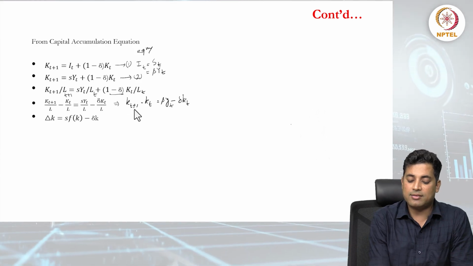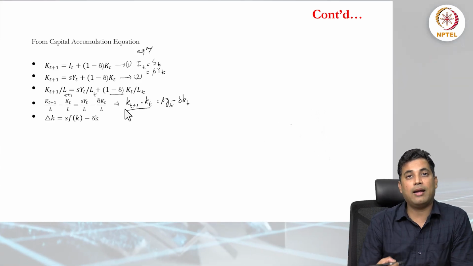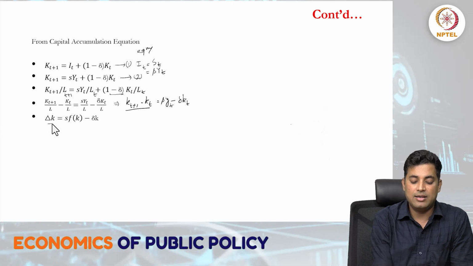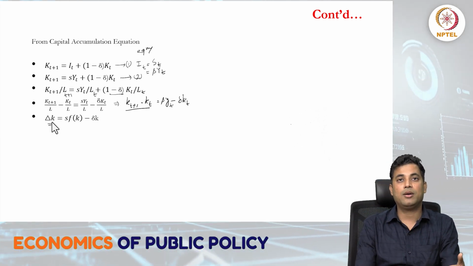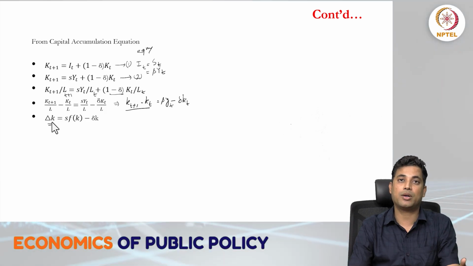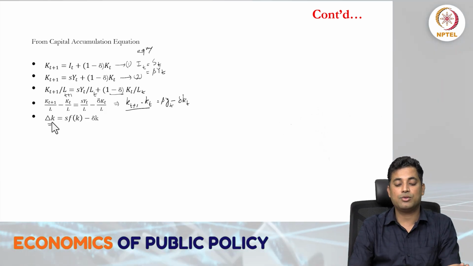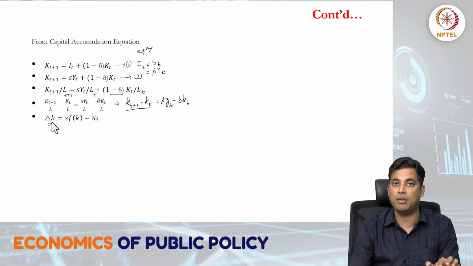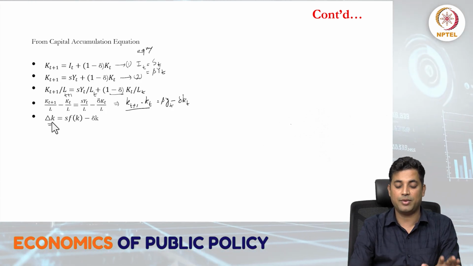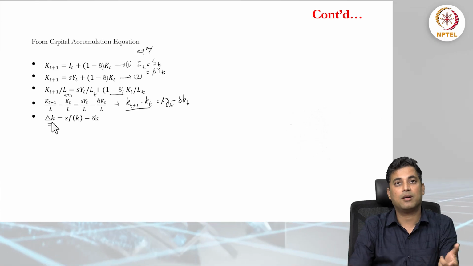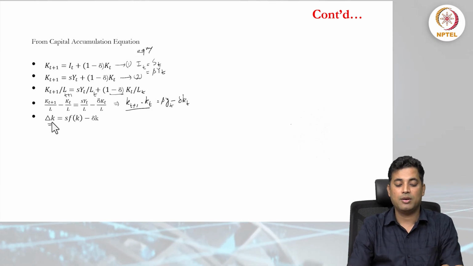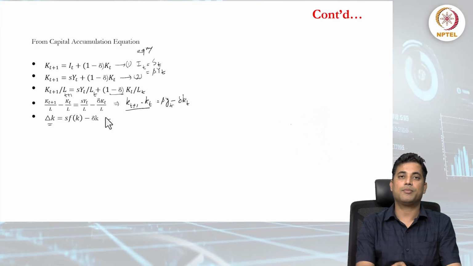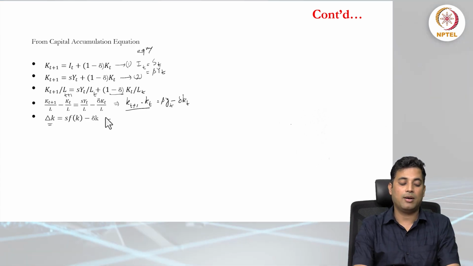This small k(t+1) minus small k(t) is basically the change in the capital per worker ratio, the capital-labor ratio. So this is what we get as Solow's model.